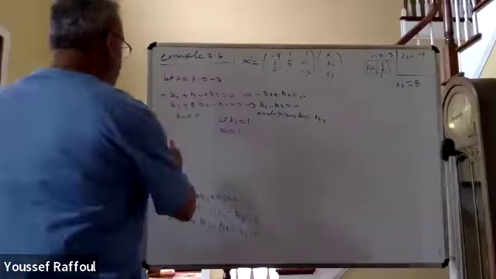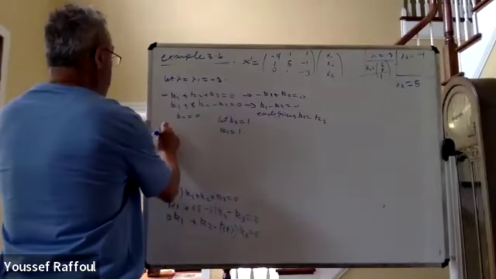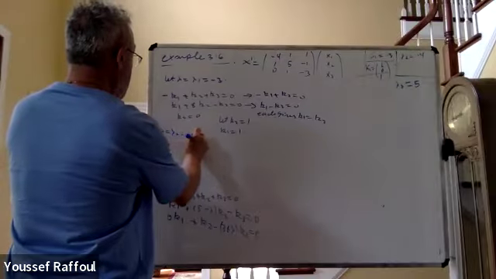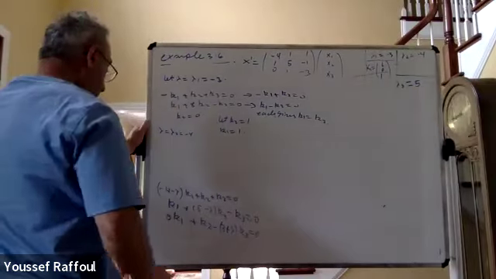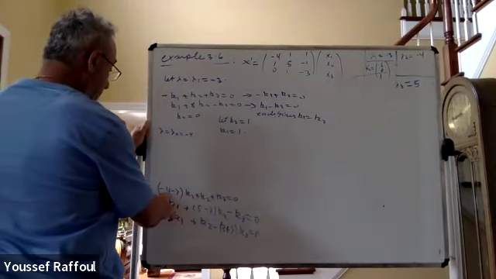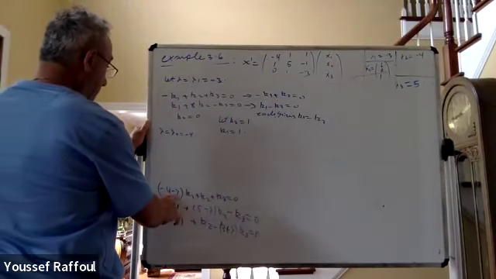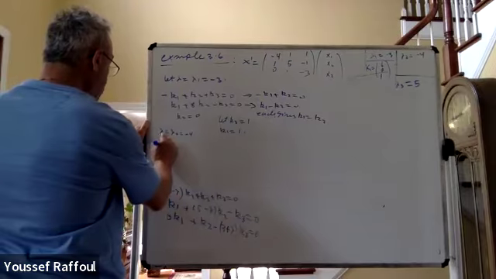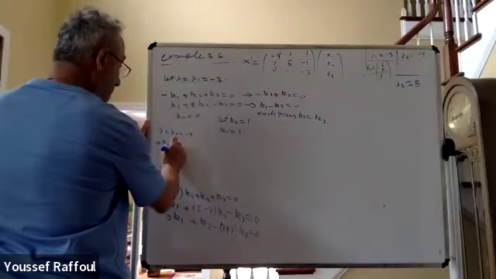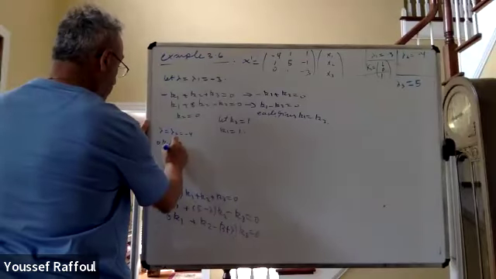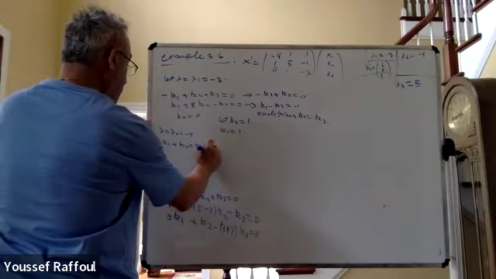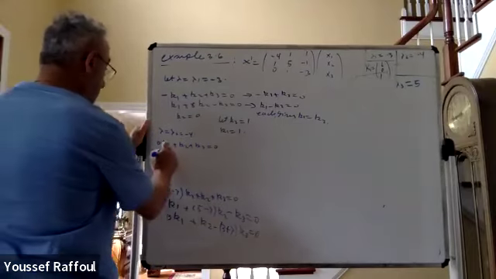Now, let's take lambda 2 equal -4. Then we have -4 plus 4 is 0, K1 plus K2 plus K3 equals 0.